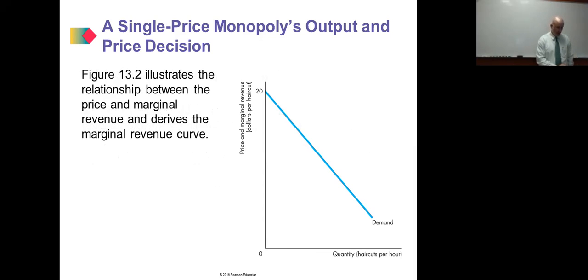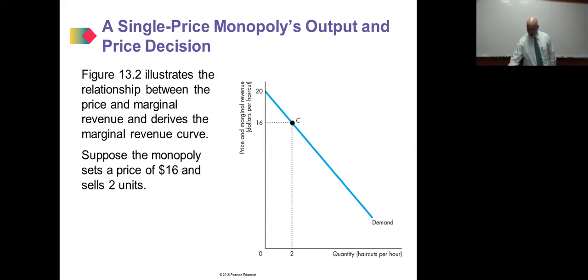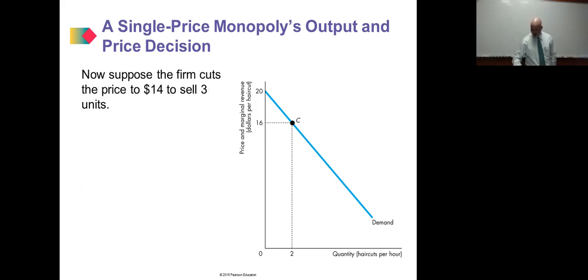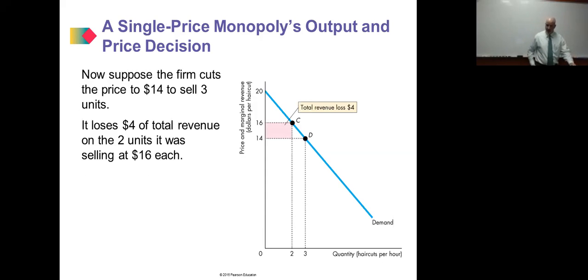So again, here's our demand curve. And let's suppose the monopoly sets a unit price. We're going to use $16, and we're selling 2 units of output at 16. Now the firm cuts the price to 14, and we're going to sell 3 units.